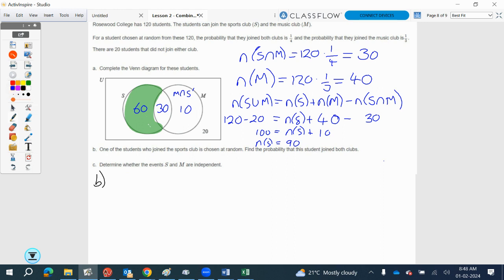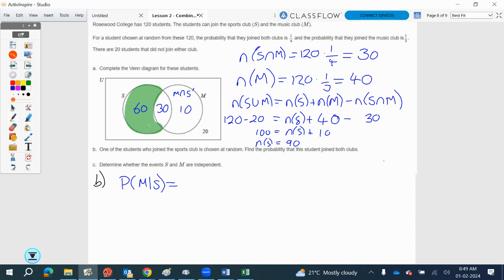We need one student who joined the sports club to be chosen at random. Find the probability that they chose both. So this is the probability of M given S. We want the probability that they joined the music club given that they joined the sports club.